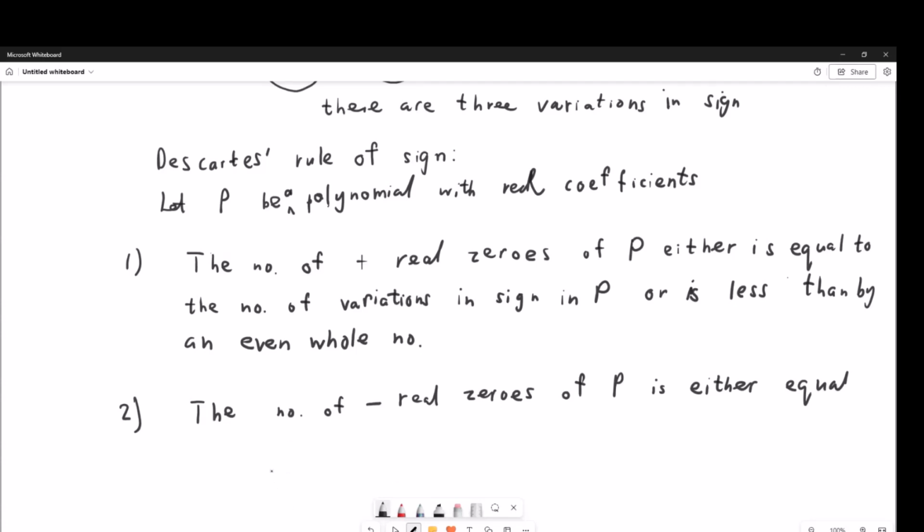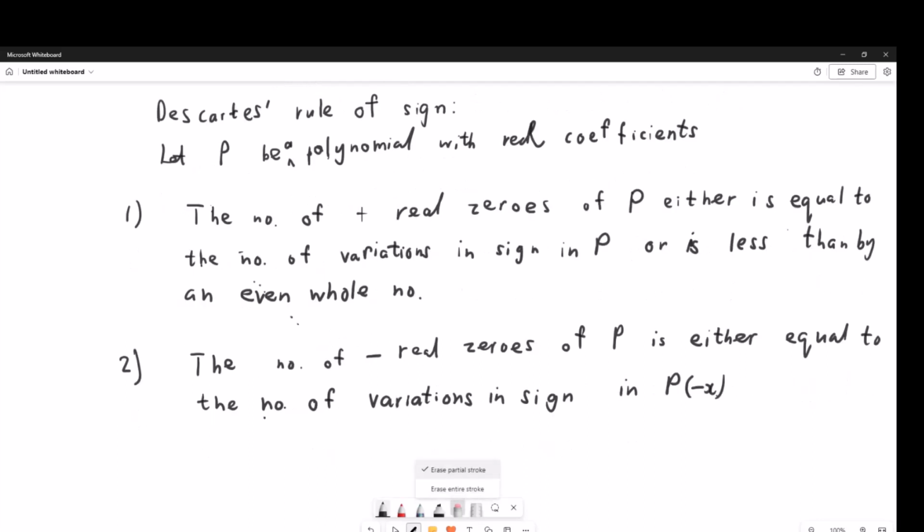Can you read what I've written on the whiteboard? Now it's frozen on my side. The last words are variations in sign in P of minus X. I'm sorry, guys. I think my screen is frozen now. The number of negative real zeros of P.